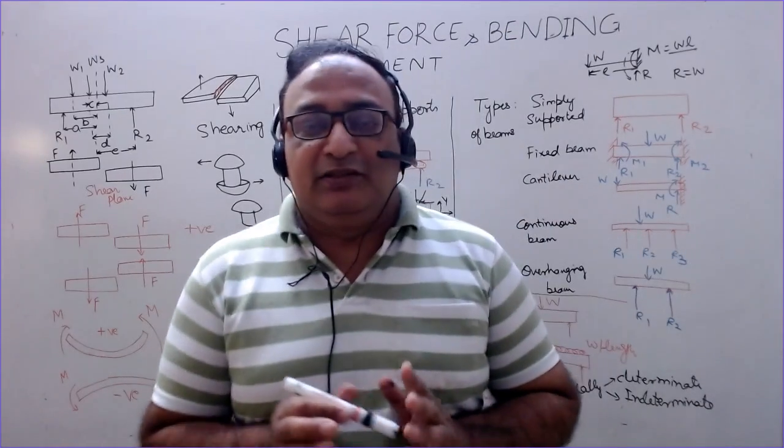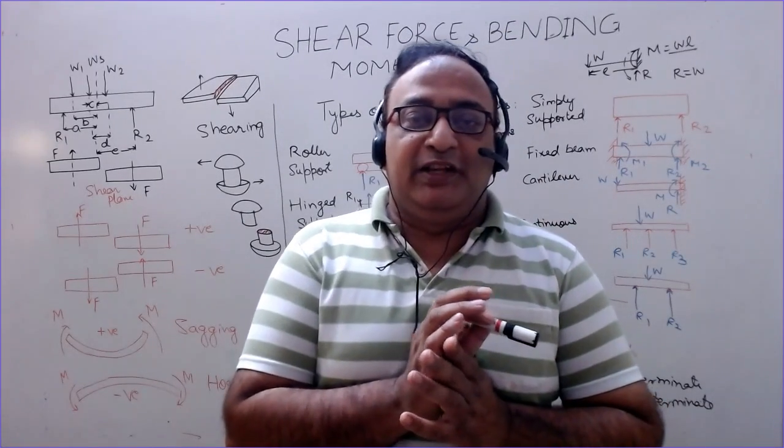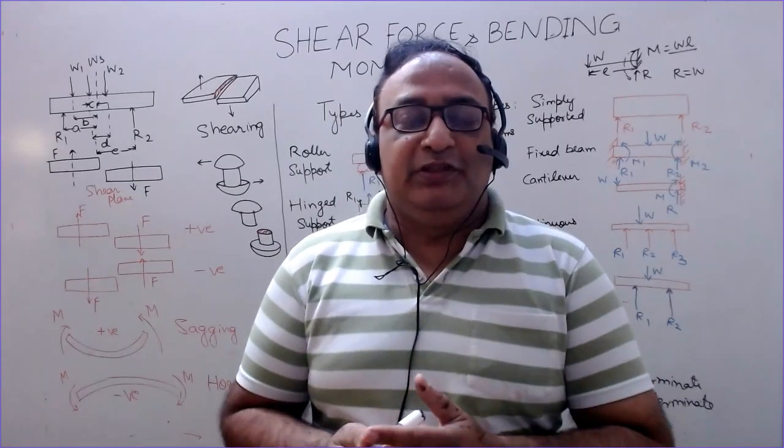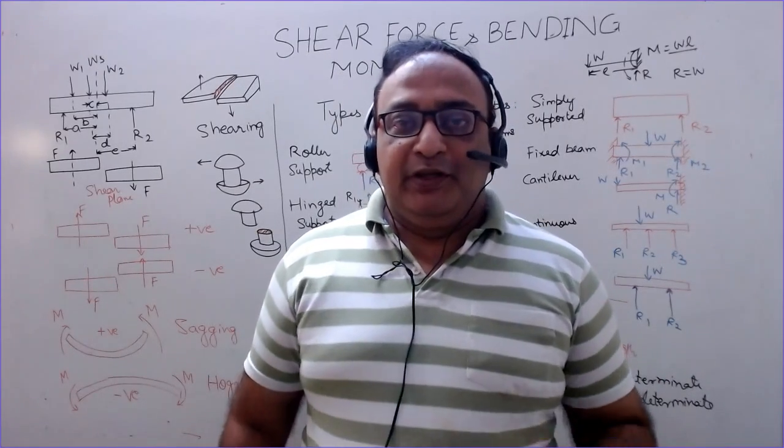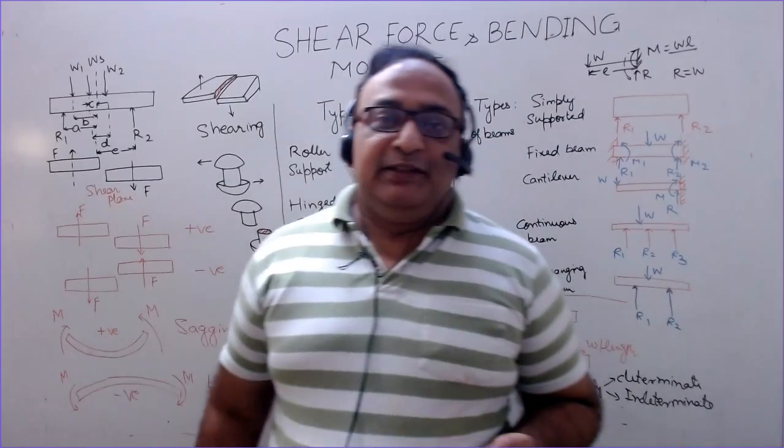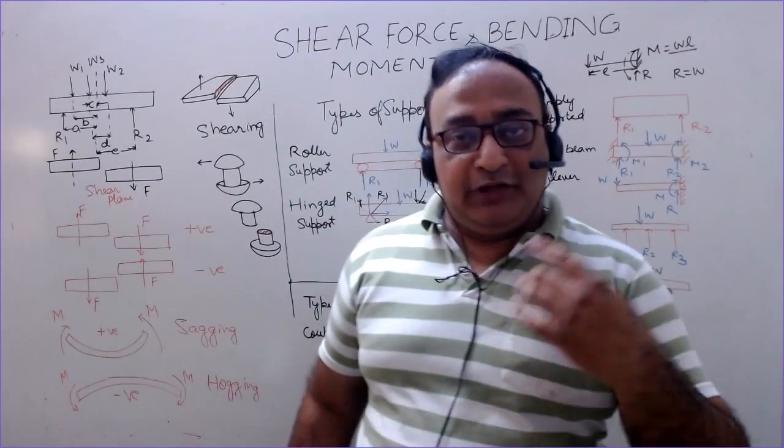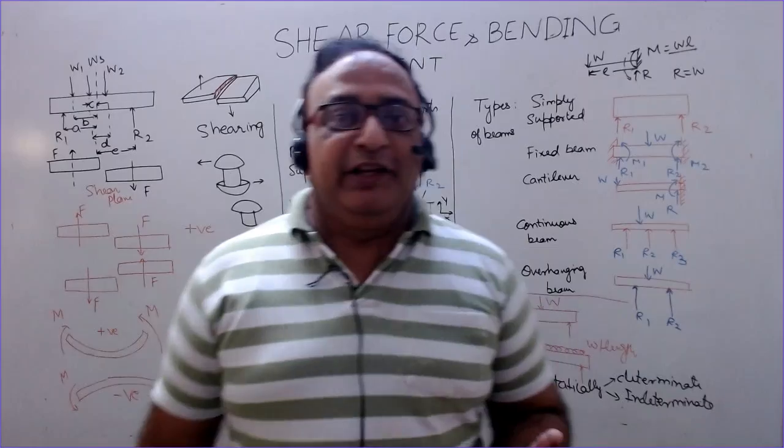The sum of all the forces in a direction is zero, and the sum of the moments is zero. These are the conditions of equilibrium. If you can solve the problem by this, then it is called statically determinate. If you cannot solve it this way, then it is called statically indeterminate.